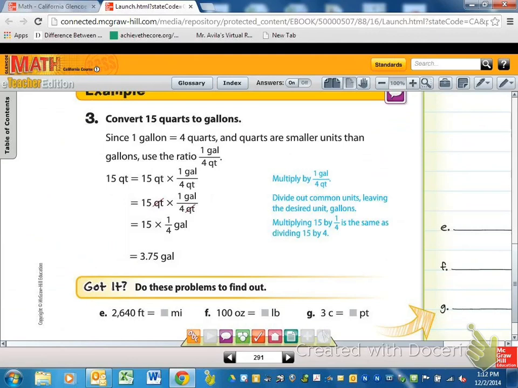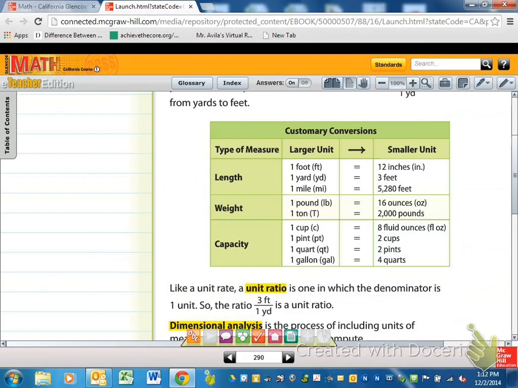Here's another example. Convert 15 quarts to gallons. So I look at my chart and I'm going from quarts to gallons. So I'm going from small to big, which is why this is going to be 1/4. 1 gallon is equal to 4 quarts.